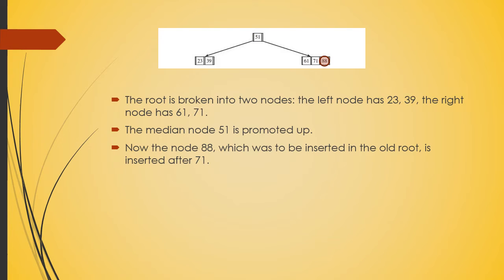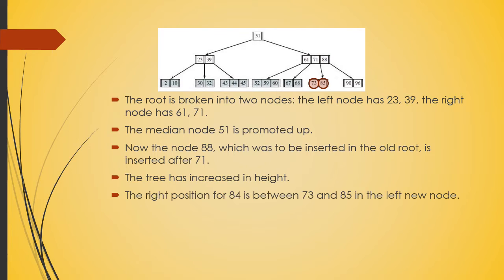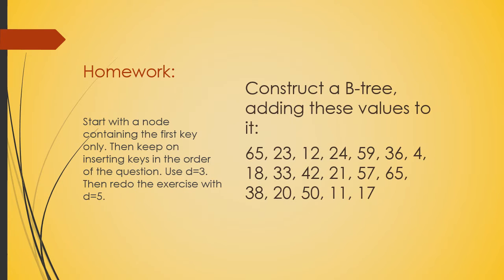Now the node 88, which was to be inserted in the old root, is inserted after 71. The tree has increased in height. The right position for 84 is between 73 and 85 in the left new node. Finally, 84 is inserted in the node.